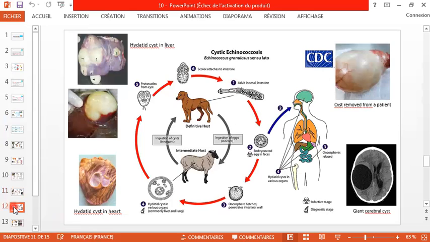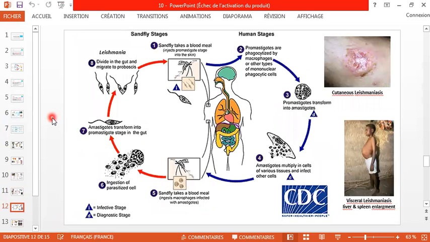I insist on one thing. It is that for hydatid cysts, sorry, we are not contaminated if we consume liver and lungs with hydatid cyst. Sorry, it is the dog who is going to be contaminated.